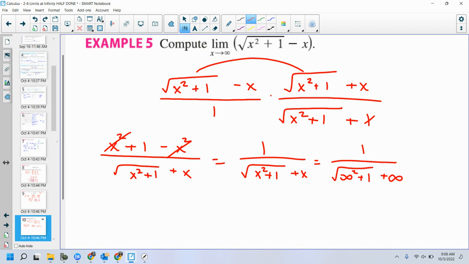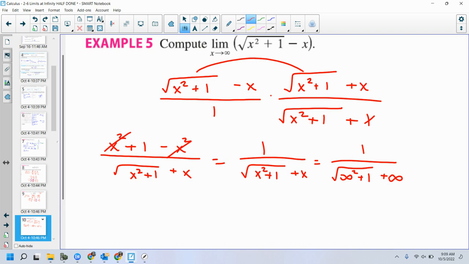Now, it may be weird to think that I've got to square root infinity. However, square rooting infinity just makes it a little bit smaller, right? And then I add infinity to it. Is it ever going to get smaller again after I add infinity to it? No. It's just going to keep getting bigger and bigger.